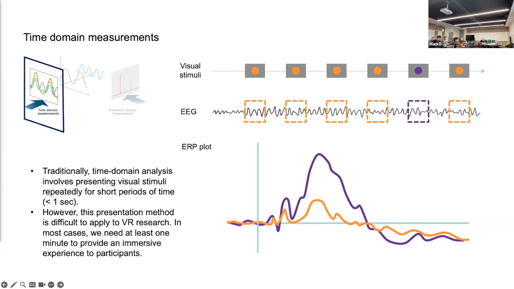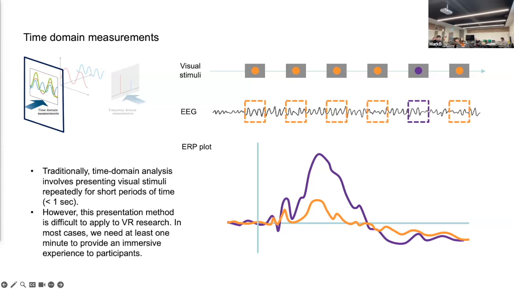But the reason why we cannot use the traditional time domain analysis in cybersickness is that we usually use very short visual stimuli for ERP analysis. Typically, we show 1 second of a yellow ball and 1 second of a purple ball, cut the short time period of each epoch, and then average the EEG signal like this.